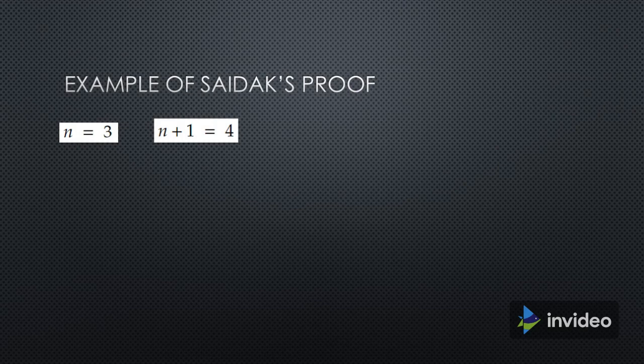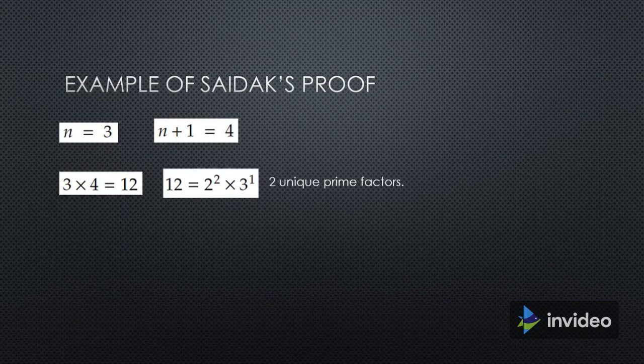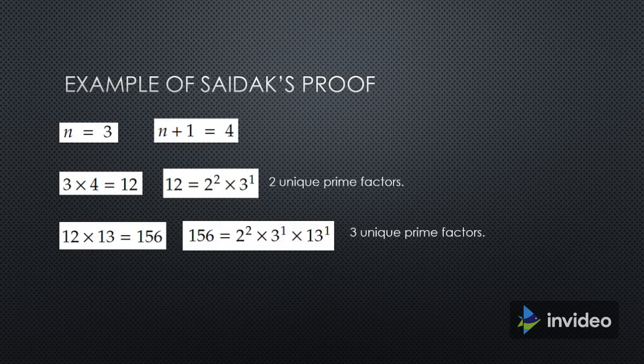But if we multiply them together, we get 3 times 4 is equal to 12, which can be expressed in its prime factorized form as 2 squared times 3, which gives us two unique prime factors and two unique prime numbers. And we can keep going. 12 plus 1 is 13, and 12 times 13 is 156. And 156 can again be expressed in its prime factorized form as 2 squared times 3 times 13, which gives us three unique prime factors and three unique prime numbers.